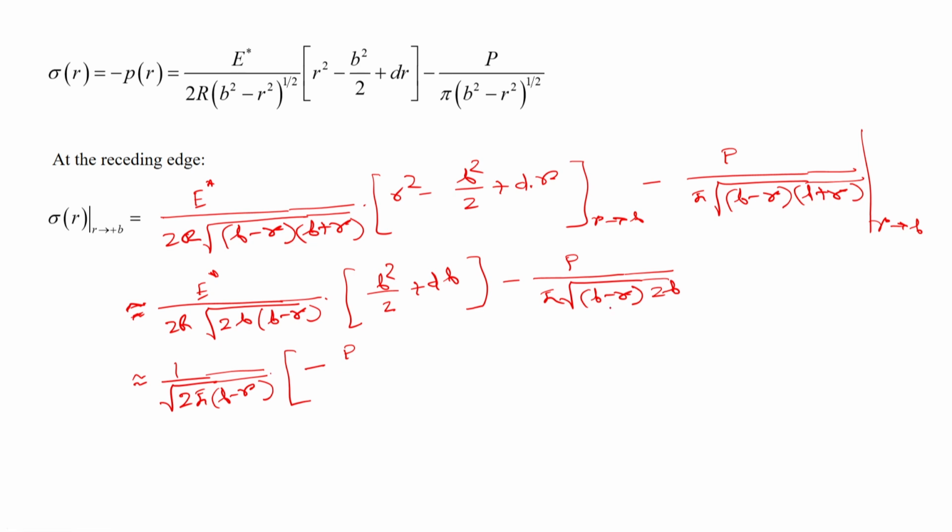So, it is p divided by square root of b into pi, right, and then plus, and over here again E star, and here it is square root of 2 and pi has been taken. So, another pi will be there. So, if I take pi into b here, I think I need to have a pi, and then I will have b square by 2 plus d into b like that.